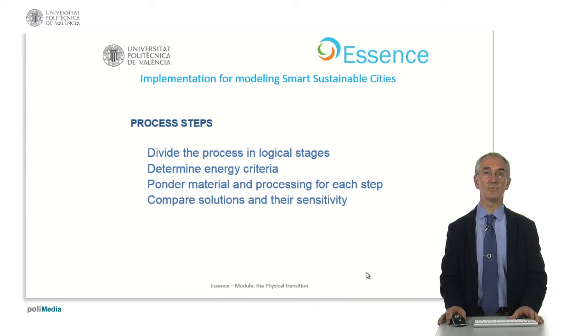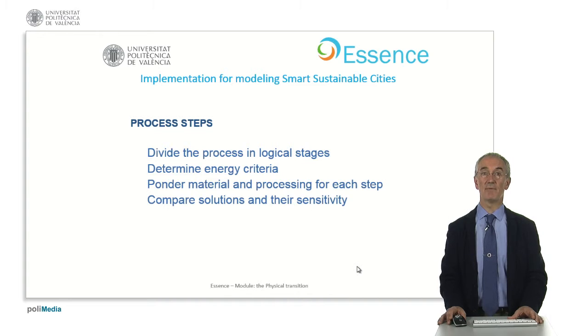The steps we should then include in this analysis is first divide the process in logical stages, from building, construction, use, and final disposal of materials. Determine which energy criteria are really relevant, meaning should we include the use of a lot of renewable energy, because all in all energy can be cheaper and less damaging if we don't consider, for example, they will eventually disappear if they are not renewable.